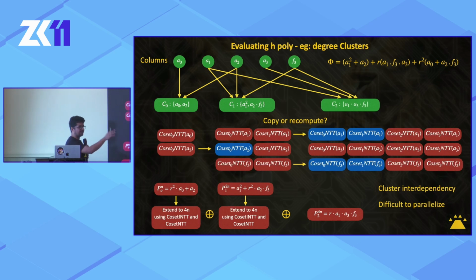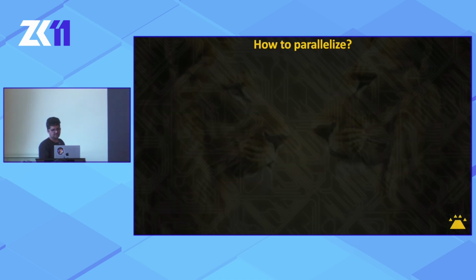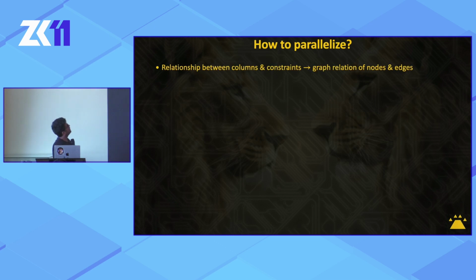Anyway, in the end, whatever way you evaluate, you will have to extend the polynomial to the maximum degree so that you can compute the final result. Okay, so the question is how to parallelize. So the idea is that a relationship between columns and constraints is like a graph relation between nodes and edges, right?